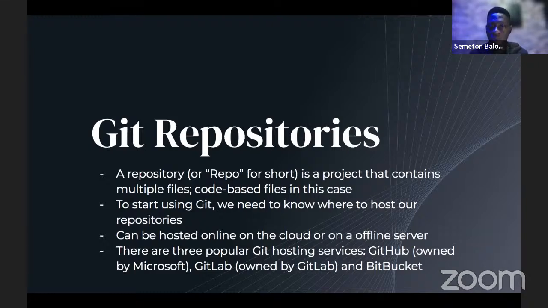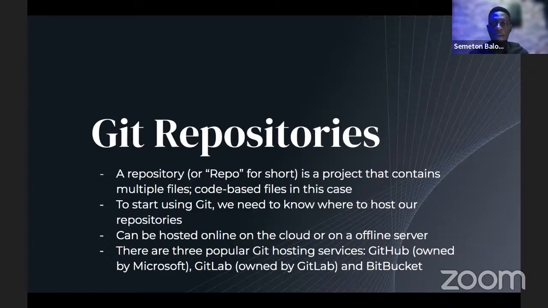A typical example: if you are working with a LAMP stack, for instance, as a PHP developer, oftentimes you store your project in the htdocs of your XAMPP or wherever. So that's a place you're storing it. In this case also, you need a place to host your repository. The hosting can be done online on a cloud, or on a local server somewhere.